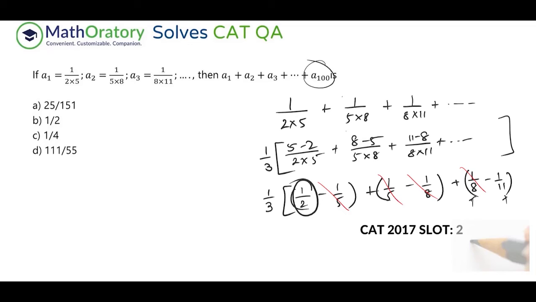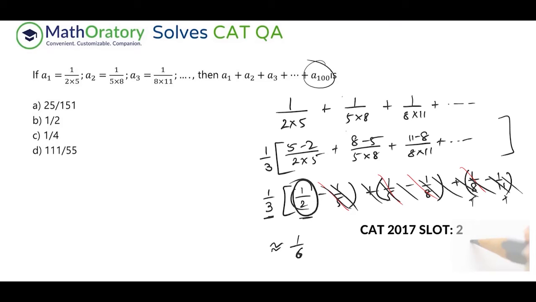After the cancellation happens, because the last term is insignificant, I'm just looking at 1 by 3 into 1 by 2, so that is approximately 1 by 6. 1 by 3 into 1 by 2 is exactly 1 by 6, but there is a last term, so this is not going to be exactly 1 by 6. It will be very, very close to 1 by 6.